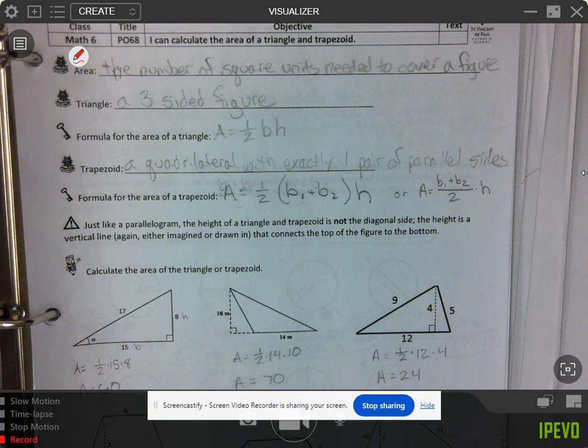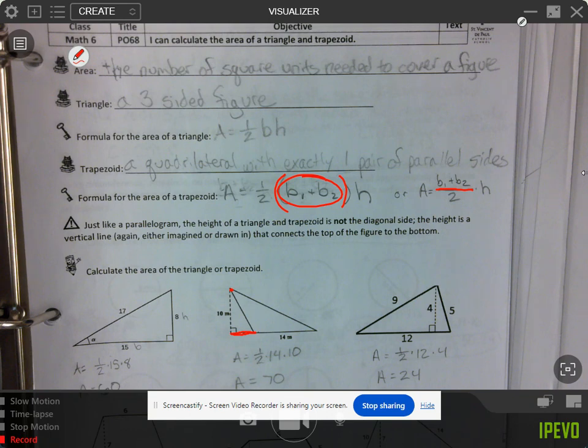So remember, we have to add our two bases together before we multiply or divide. So adding first, that's why it's in parentheses here, and that's why it's on the top. You add first. So the two bases are the parallel lines, and then for both the triangle and the trapezoid, remember that height is going from the base to the very top of our shape.